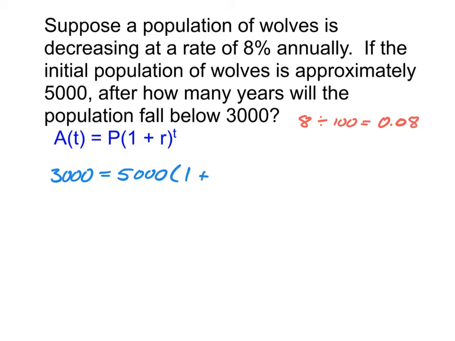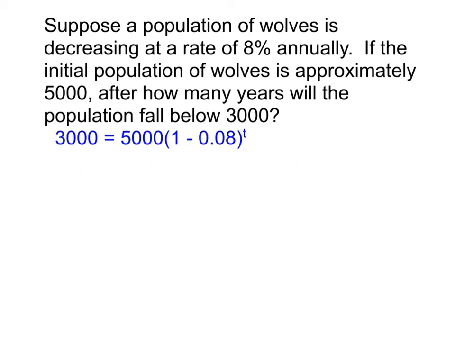But you notice that we're actually decreasing by that 0.08, which means it's like a negative 0.08. And then that's going to be to the power of t, because I don't know what t is. So rather than writing this as 1 plus a negative 0.08, I'm going to write that as 1 minus 0.08.